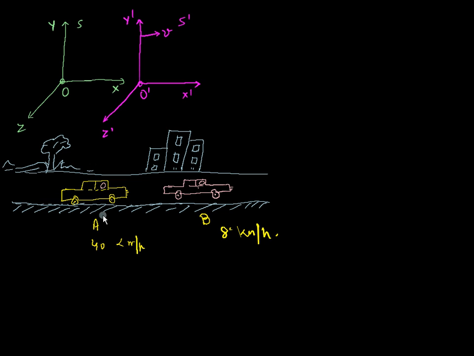There is no acceleration, so this will be treated as an inertial frame, and that frame we represent with S, and the driver of car A is O, right? Here the second car, B, is represented by S prime moving in the positive x direction, for example with a relative velocity of 80 km per hour with respect to the first one, denoted by S. O prime is the driver of this car.